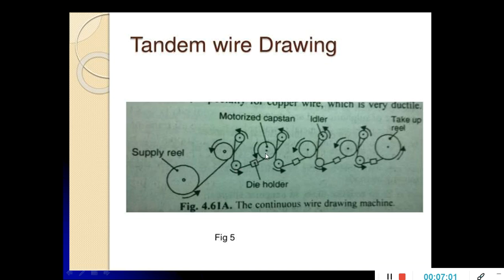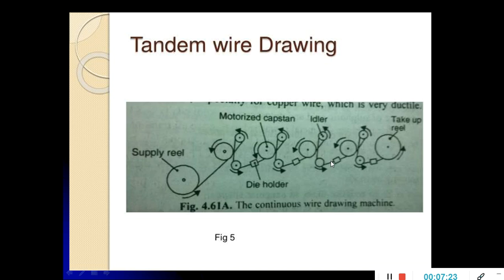In between the idler wheel and the motorized capstan wheel, the die holder is mounted, in which the die is placed. Whenever the wire passes through one die, its diameter decreases. Again it passes through the second die, and the diameter decreases further.